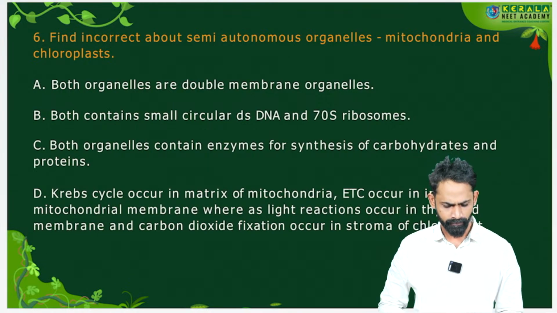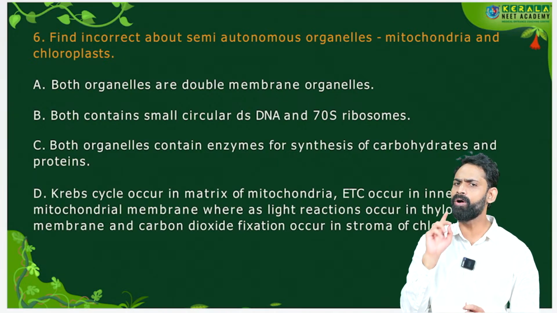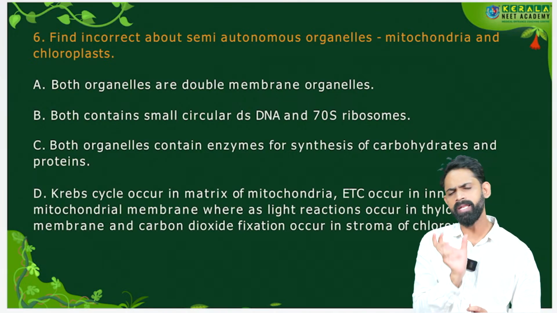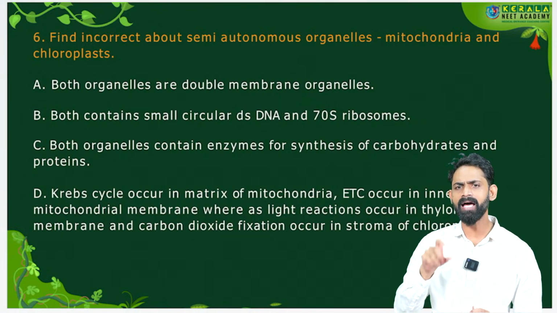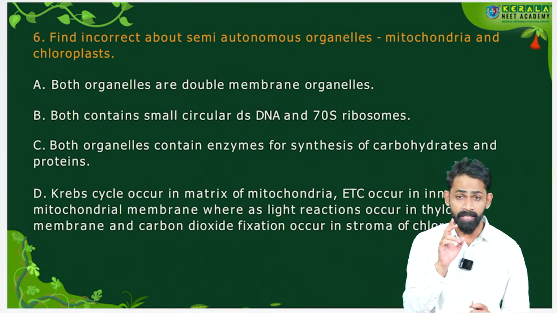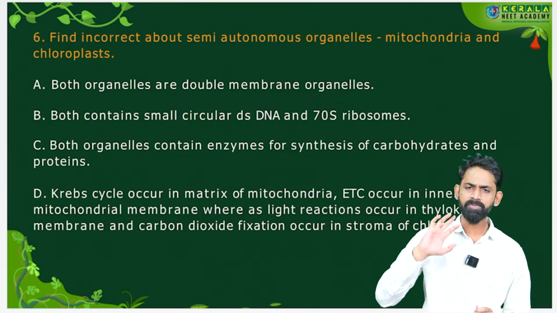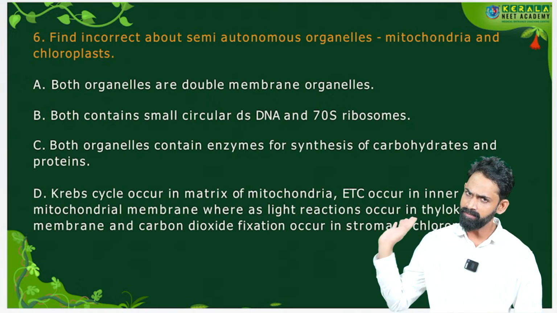That's okay. Next option: both mitochondria and chloroplast contain small circular double-stranded DNA, very nicely written in the NCERT, and 70S ribosomes, correct, I discussed. Next option D: the Krebs cycle occurs in the matrix of mitochondria, clear.